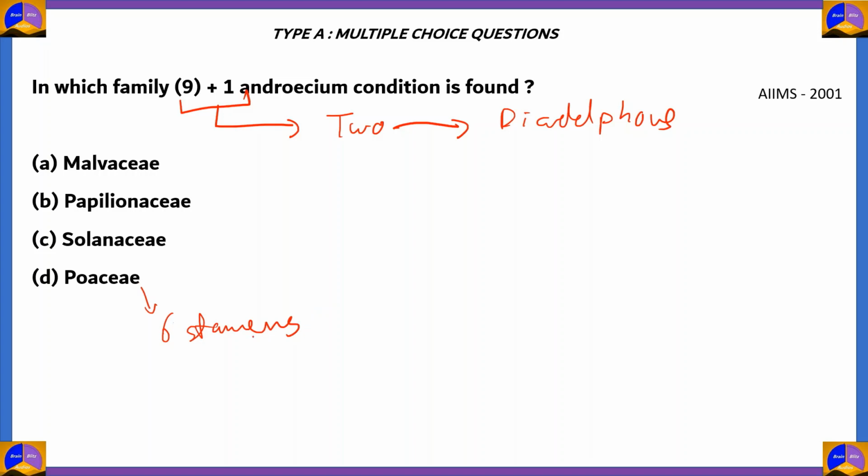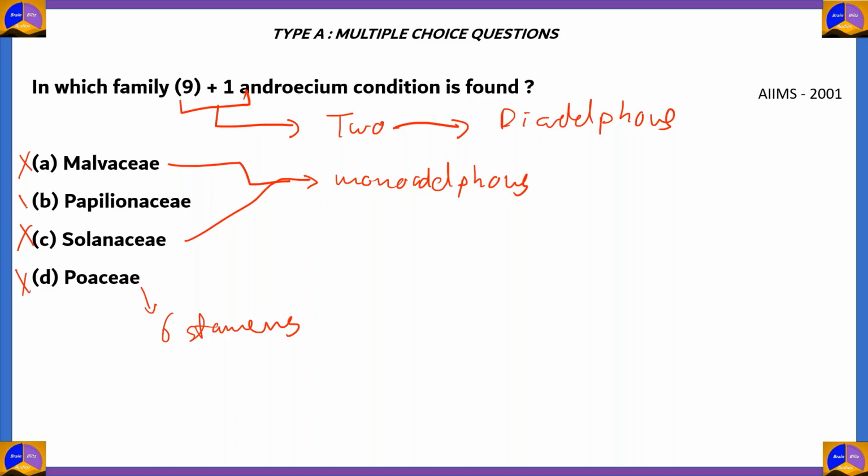So option D is incorrect. Options A and C, Malvaceae and Solanaceae, both of these are incorrect because both of these are monoadelphous, while our question requires the flower to have a diadelphous condition.